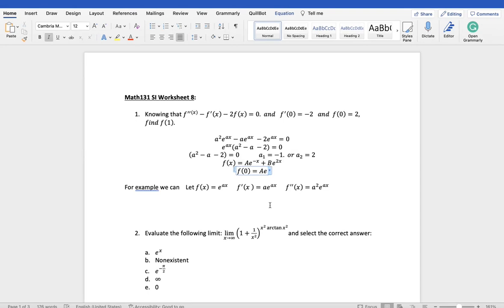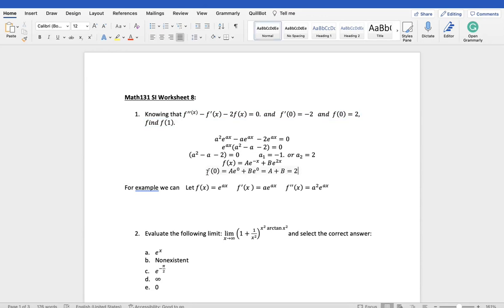A times e to the minus 0, which is just e to the 0, plus b times e to the 0 as well. And then basically a plus b should be equal to 2, right? Based on what we're given in the problem.